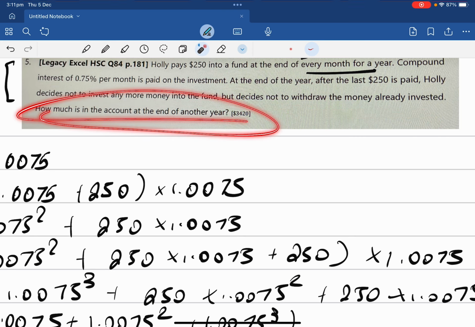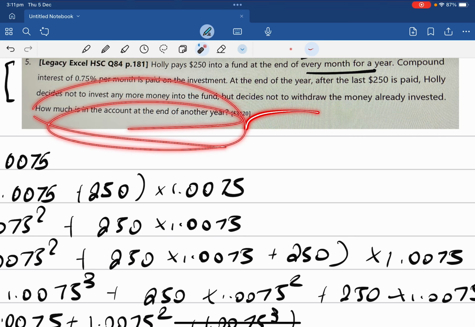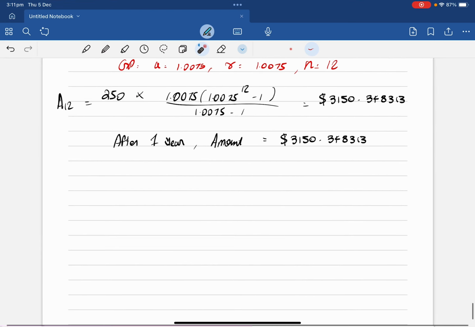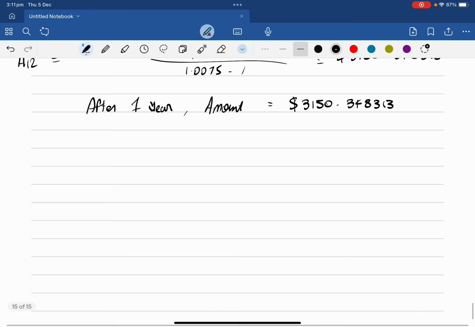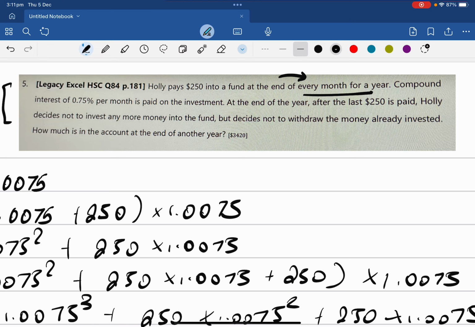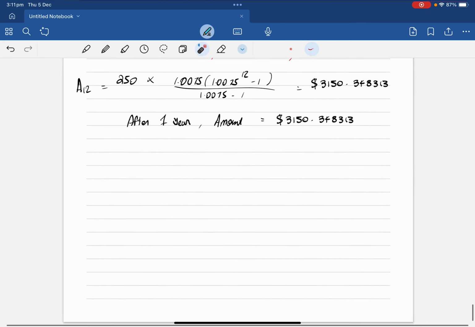How much money is in the account at the end of another year? So to go to the next year, we take this and compound it. Yeah, you're putting 250 in, but it's compounded every month for a year. So now it's just a compound interest formula.